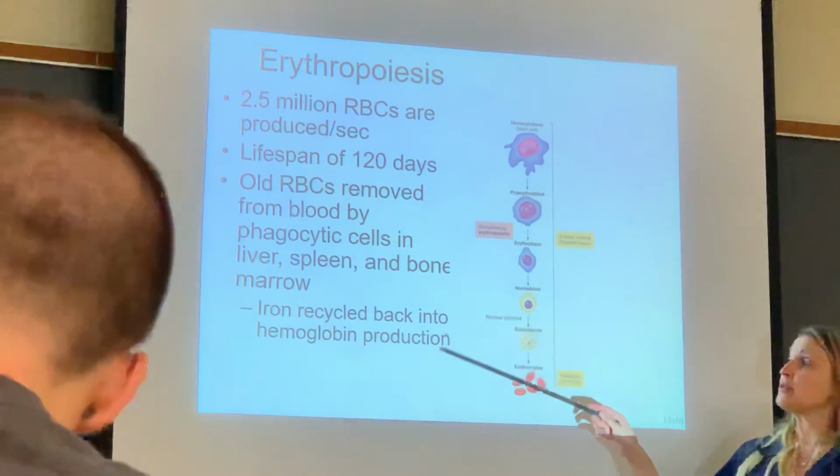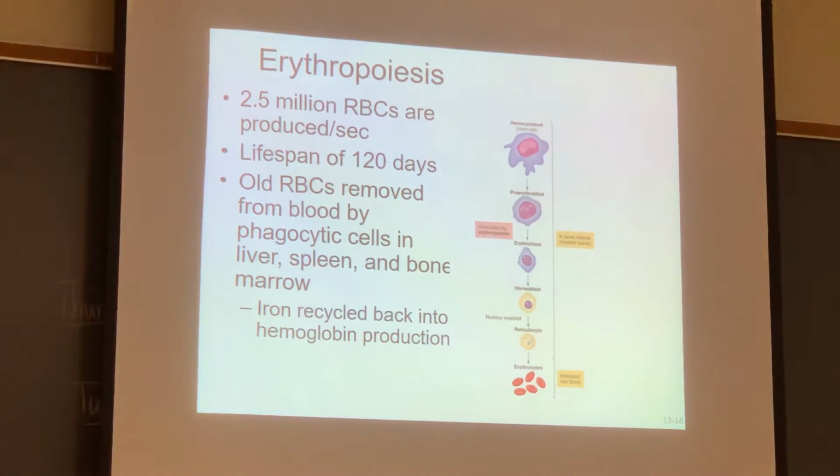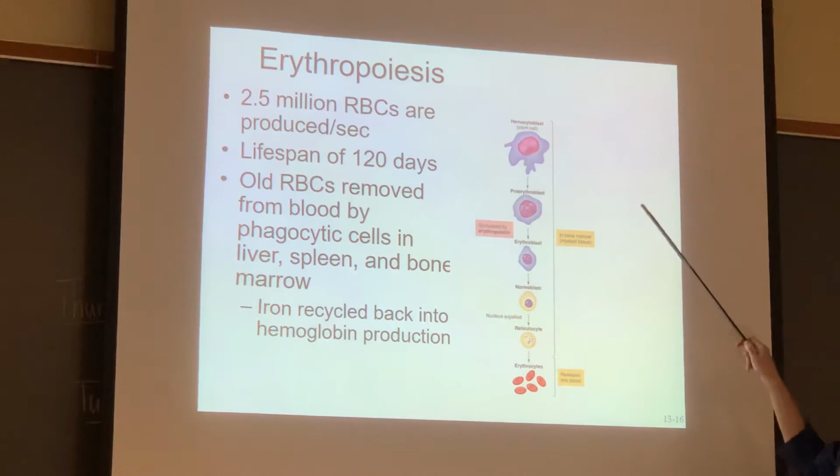And the iron is going to be recycled back. The body doesn't like to get rid of iron if it can. Although, if you drink a lot of alcohol, you do tend to flush out iron as well as other nutrients in your body. So that's just sort of a side effect of, if somebody drinks a lot of alcohol, it can lead to a little bit of iron deficiency among other deficiencies.